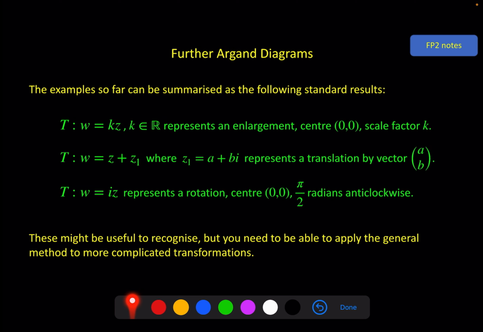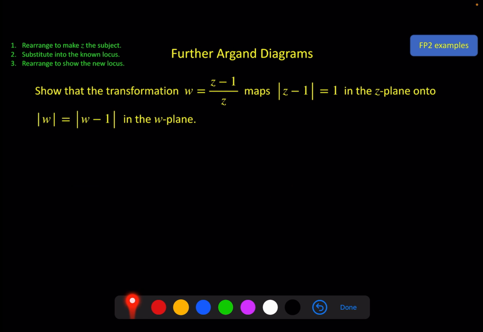We've had a translation of a, b, where a, b is the z1 complex number here. And we've had a rotation anti-clockwise of pi by 2 radians, center 0, 0, with iz. And while it might be useful to recognize these, you will need to be able to apply this method to more complicated transformations, which is what we're going to go into now.